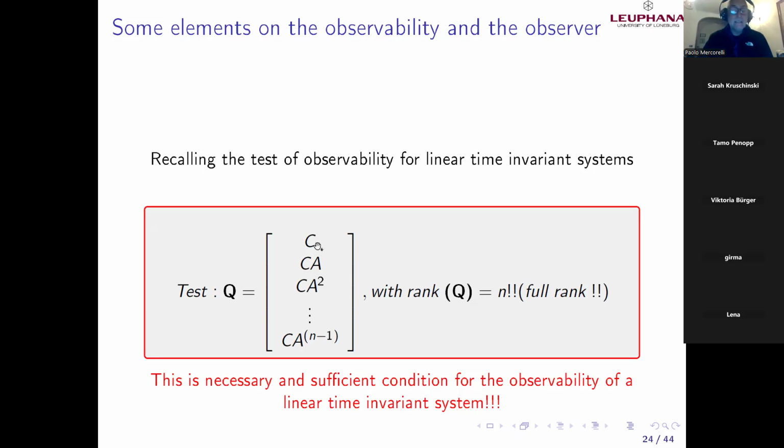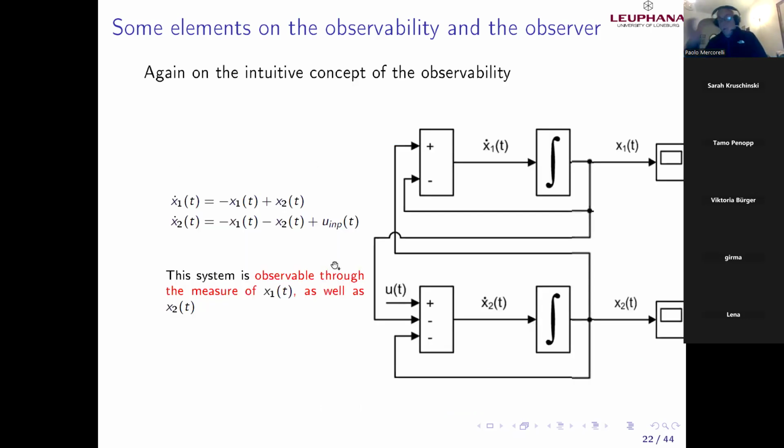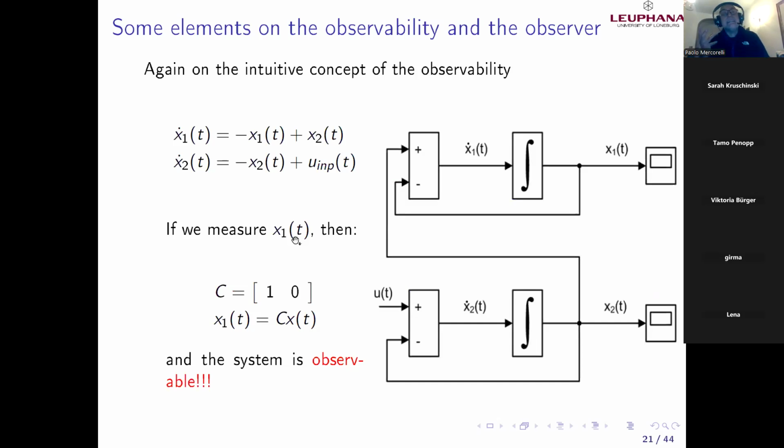We can see C at the beginning, then C multiplied by A, then C multiplied by A squared, and so on, until C multiplied by A up to n minus 1. Now, I don't want to show how this matrix is built, but intuitively, it's quite clear that we have also the matrix A. Why? Because if you look at this example, and also the previous example, we can see that the connections between the states play also a role.